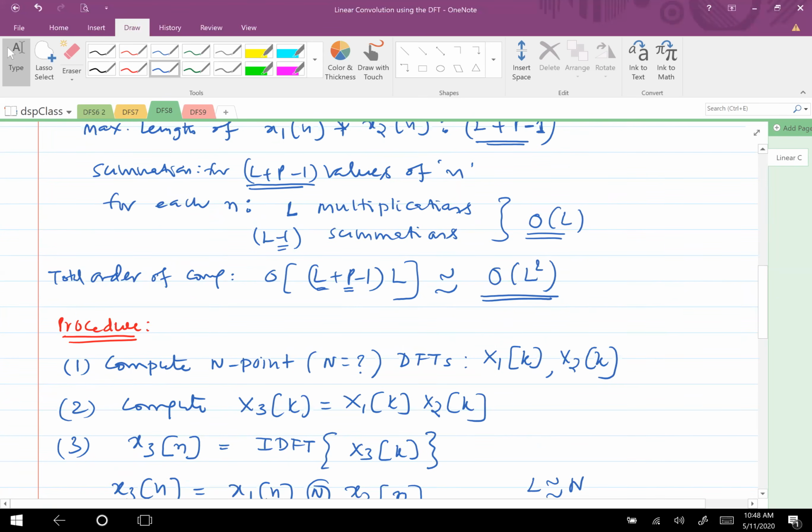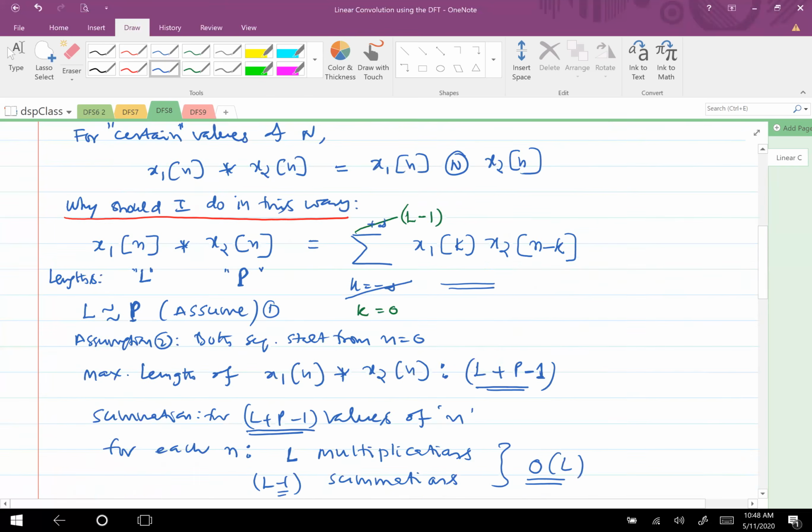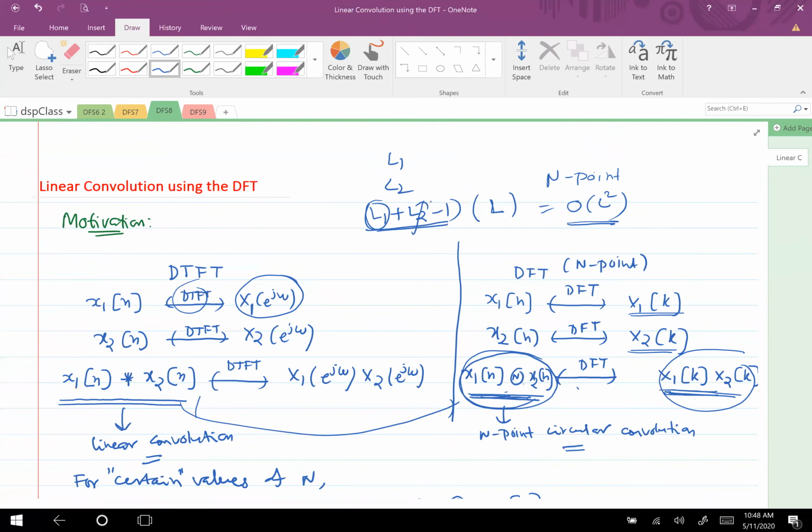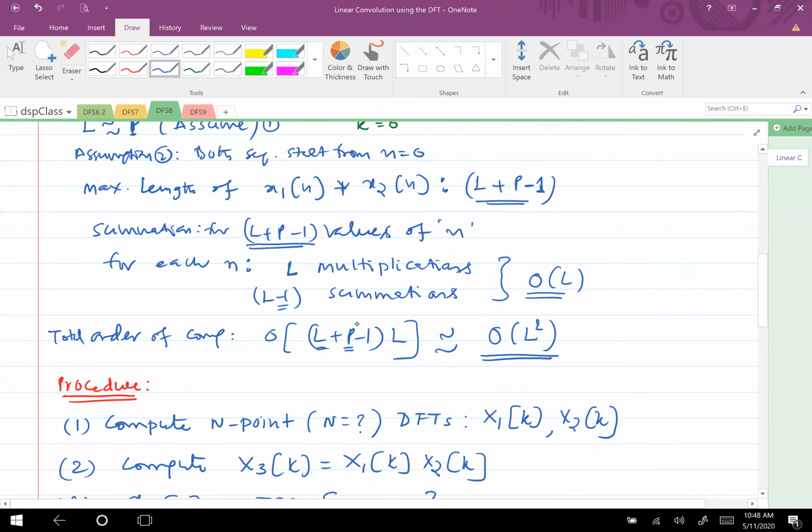I made some assumptions here, similar to P. Suppose this P is a kernel, for example a moving average kernel, which is very small. That's another assumption you could make. In that case this is simply additions. Even if it is L, or this can be neglected with respect to L, it turns out to be of the order of L squared.